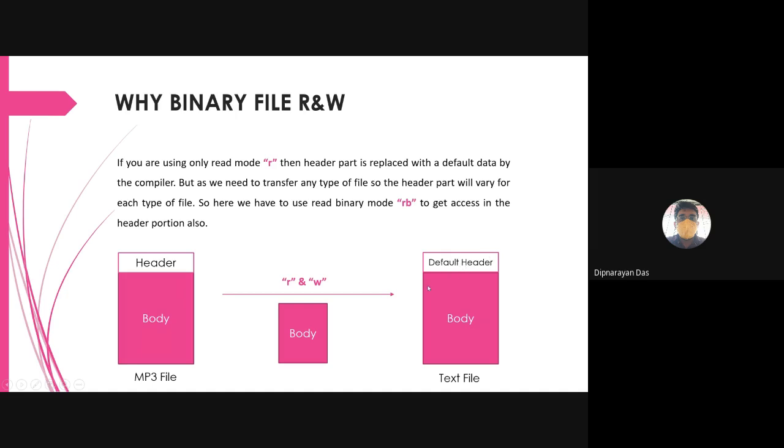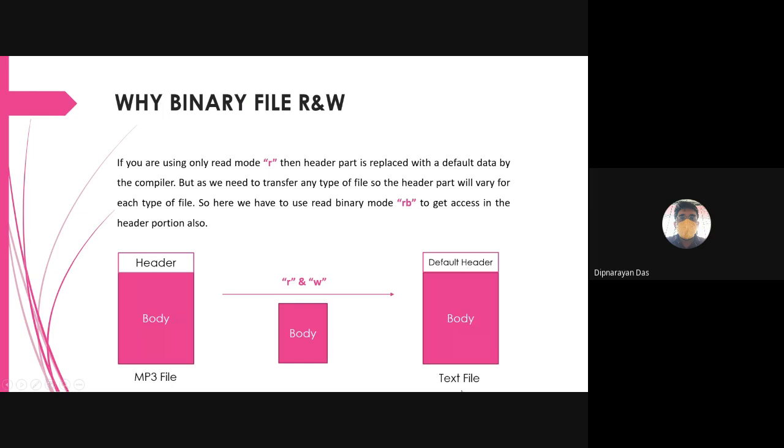When the program opens the file in read mode and then writes, it appends a text header part. Suppose it is an MP3 file: the MP3 header is different from a text header. When we open the MP3 file in read mode and write in write mode, it writes the body part, which is fine, but it appends a text header.